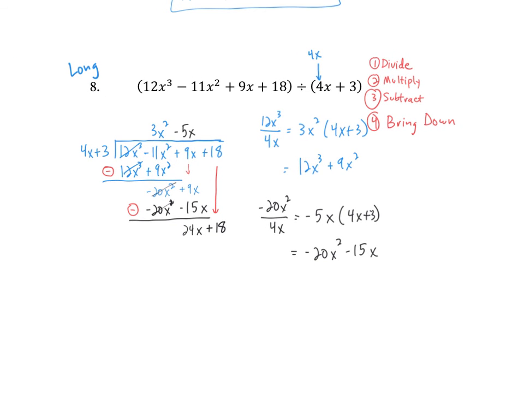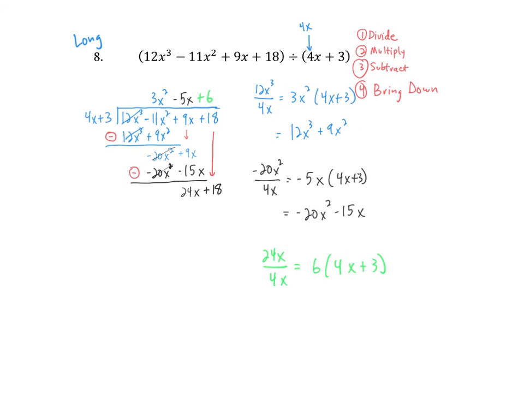Okay, so we'll do the first thing that we see at the bottom, which is 24x. Divide that by 4x. The x's cancel, and then 24 divided by 4 is 6. Get a 6 up there. Multiply by the divisor. Distribute.